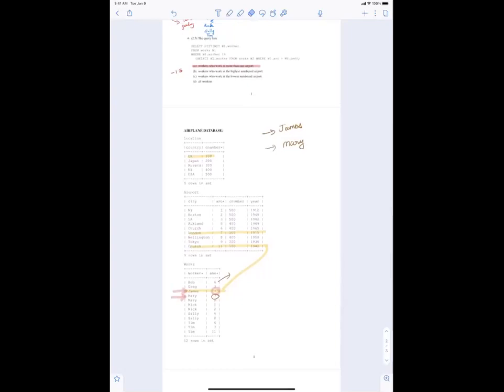James's A number is 7, right? So let's just go with James right now. w1.a number for James is equal to 7, right?